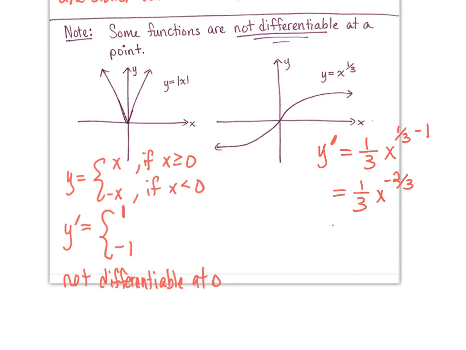So then that gives you 1/3, the cube root of x squared, which means this is undefined at what? Good, it's undefined at 0, so it's not differentiable at 0. Okay?